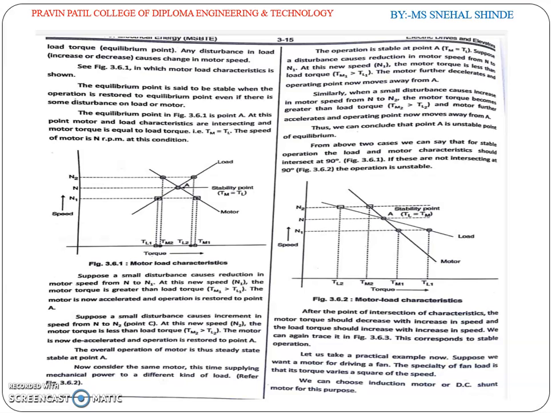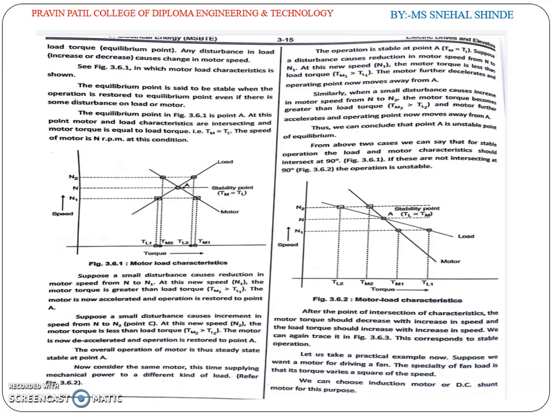From the above two cases, we can say that for a stable operation, the load and motor characteristics should intersect at 90 degrees. If these are not intersecting at 90 degrees, the operation is unstable.